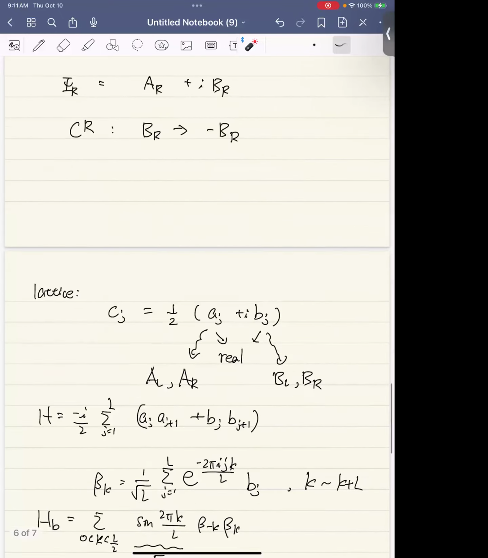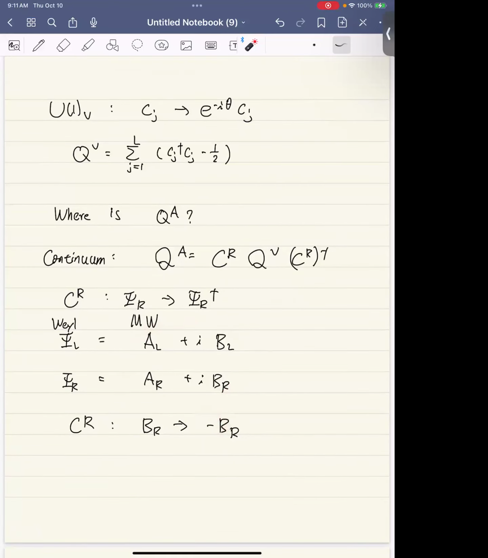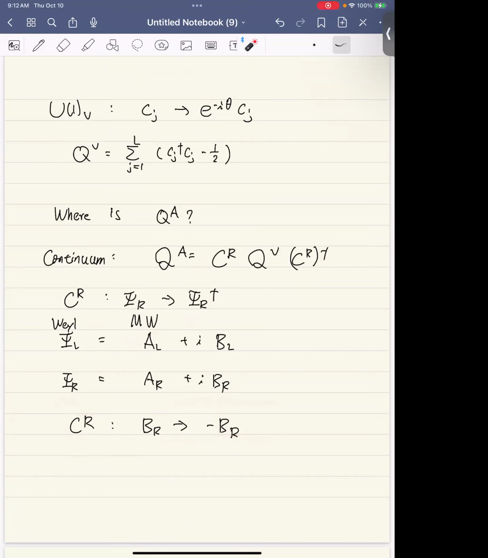In fact, if you break it down into Majorana-Weyl fermions, it just flips the sign of a single Majorana-Weyl. Okay, right, so it's not an anti-unitary operator, then there's no problem. So you can realize it with a lattice translation.